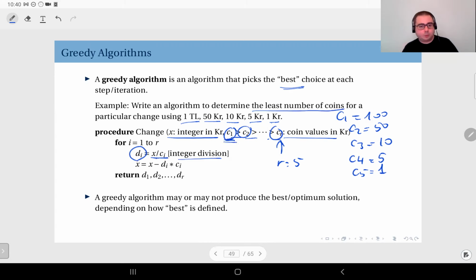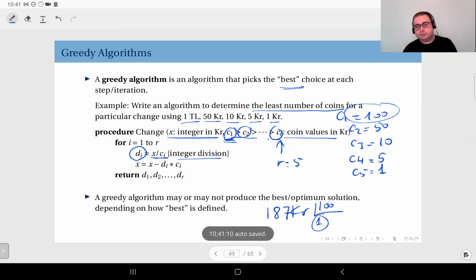the denomination C1. Okay, for instance, let's say you have 187 kurush. You divide this by your first denomination, 100, which gives you 1. Okay, so 1 is going to be the number of 100 kurush I use, because it covers the most amount by using the fewest number of coins. If I replace this one single 100 kurush with, let's say, 10 kurush, I need to use 10 of them.